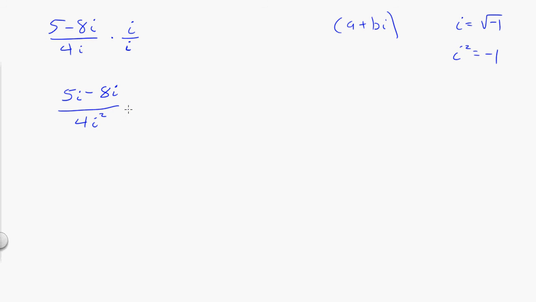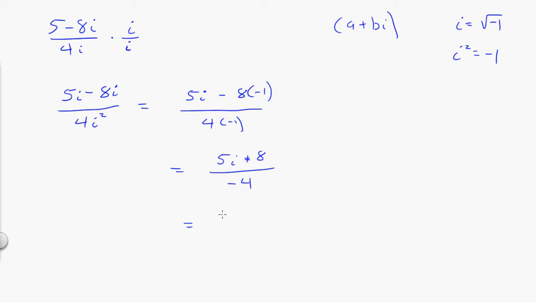So what I have here is 5i minus 8 times negative 1 over 4 times negative 1, which is equal to 5i minus negative 8 is plus 8 over 4 times negative 1 is minus 4. That's equal to 5 over negative, minus 5 over 4i. 8 divided by 4 is 2, and it's negative 2.